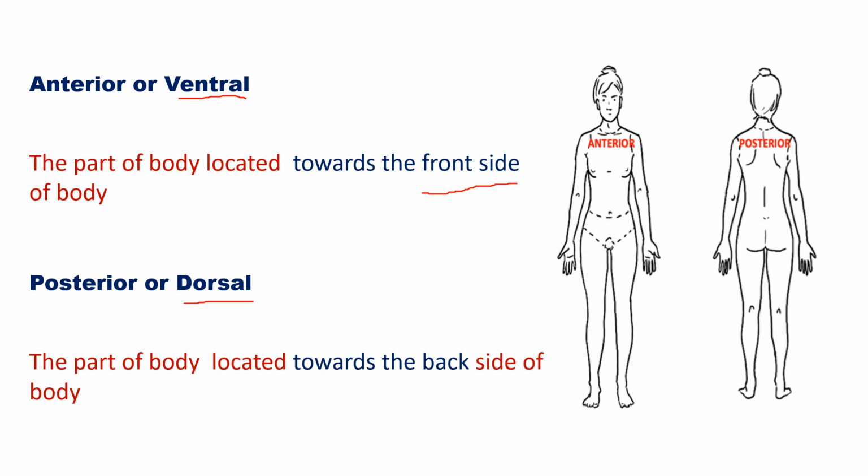As there is a lady standing in an anatomical position, her front side is mentioned as the anterior side. Posterior or dorsal: when a body part or any anatomical structure is present towards the back side of the body, then it is posterior or dorsal, as the back side of this lady is mentioned as posterior.